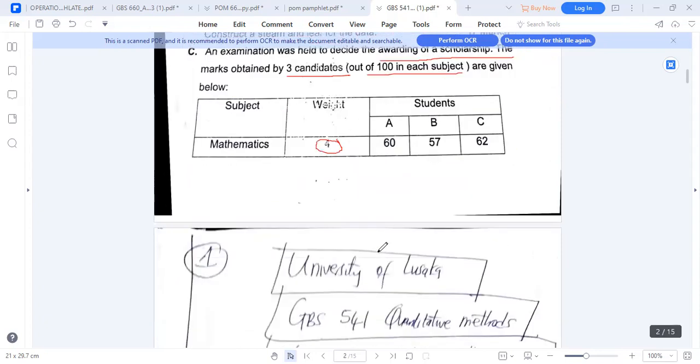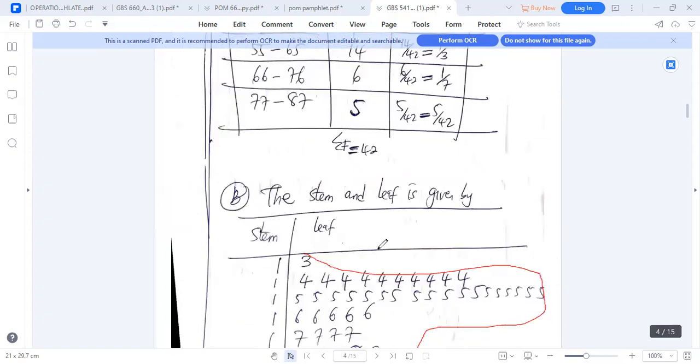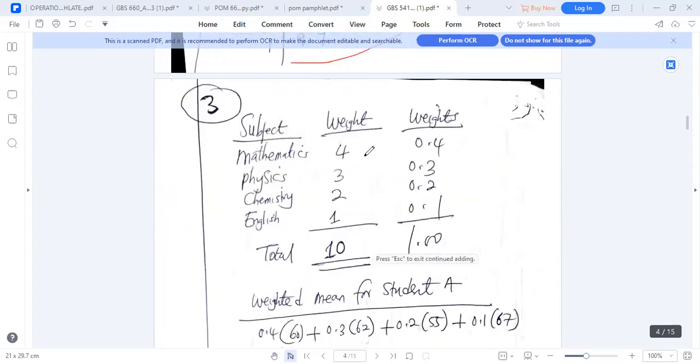Then the other weights we had: the 4, the 3, the 2, and the 1.